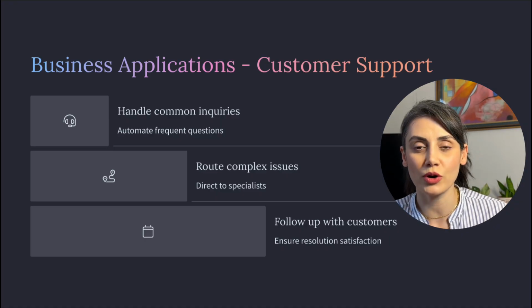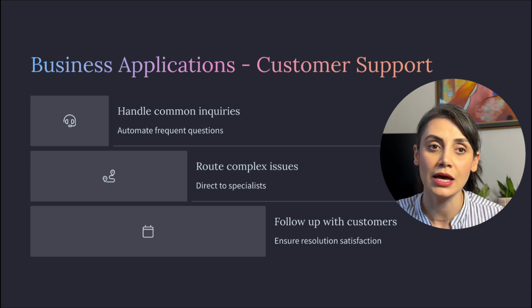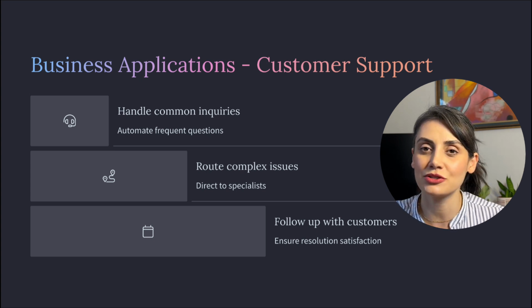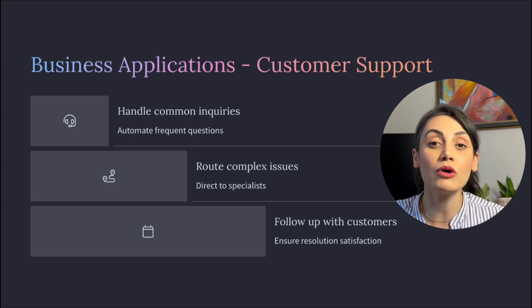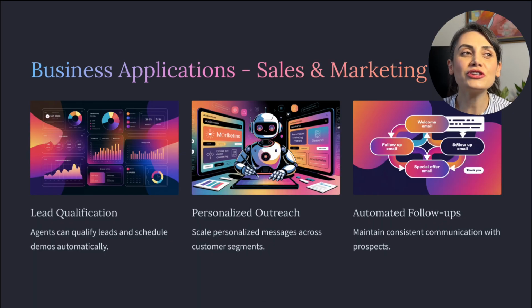Keep in mind that most modern AI agents are a combination of these types, particularly goal-based and learning-based models. Now that we have a good understanding of AI agents and how they're different from LLMs, let's talk about some of the business applications of these models. For example, in customer support, they can handle customer inquiries, they can escalate complex tasks to humans, and they can also follow up with customers after resolution. Additionally, in sales and marketing, they can qualify leads and schedule demos.